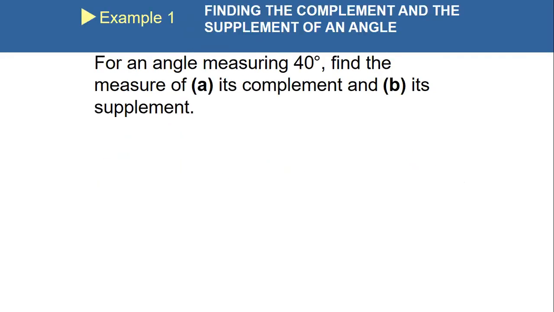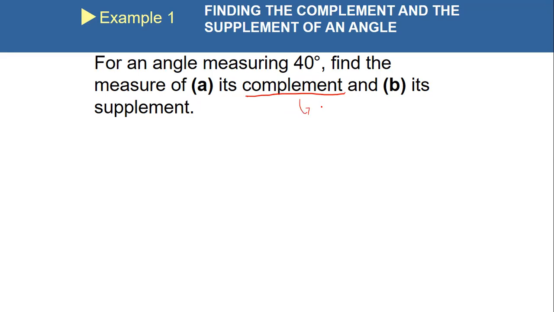Okay, so for an angle measuring 40 degrees, find the measure of its complement and its supplement. We're going to talk about a complement. If I am a complement to an angle, does anyone remember what that means? Equal what? 180 or 60? It's 90.